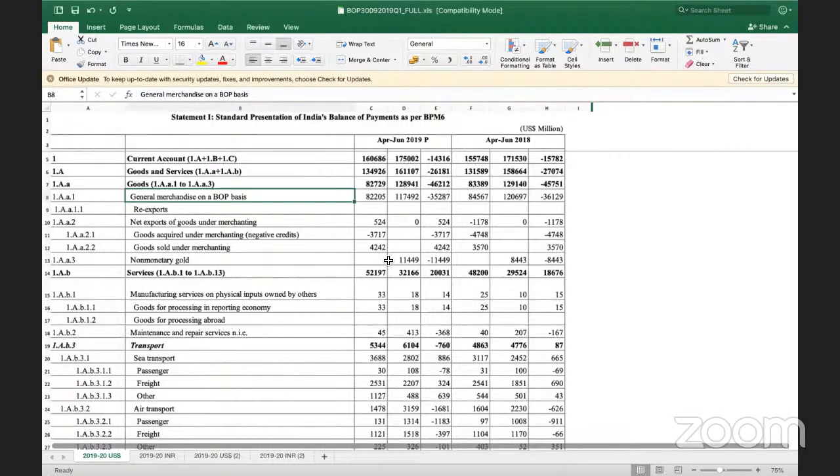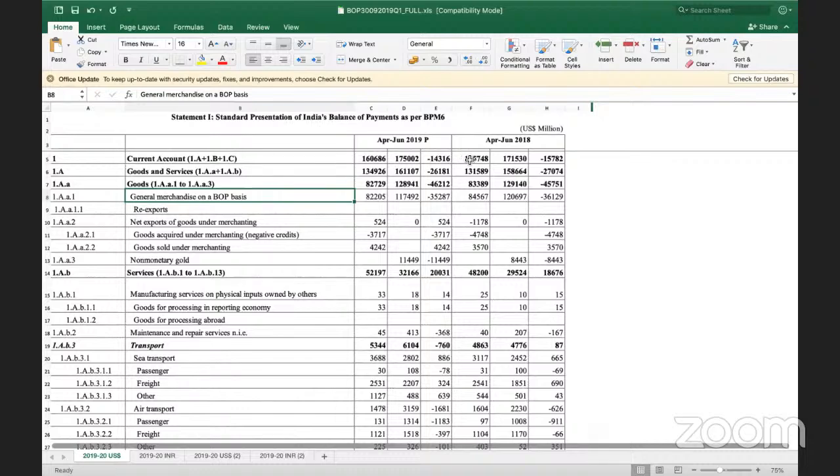Look at the scenario in April to June 2019, and compare it with 2018. What was the scenario of the current account? In 2018 it was 1,71,530 US million dollars.